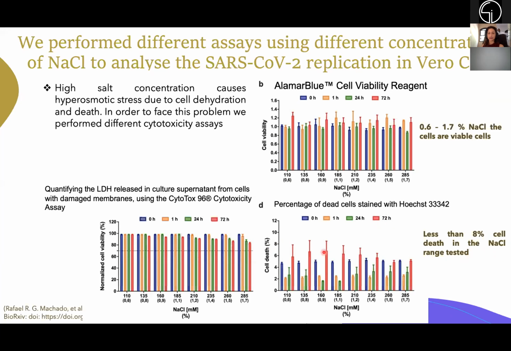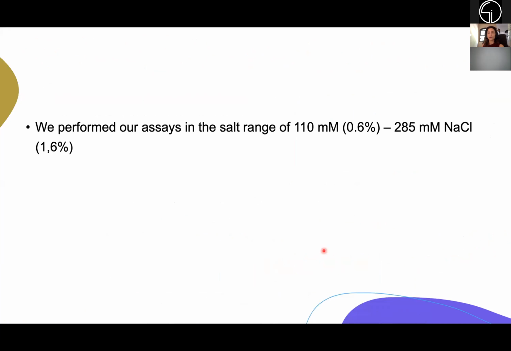In this case, after 72 hours, we detected less than 8% of cell death. So this range is safe to perform our assays. We performed our assays in the salt range above 110 millimolar, which is the medium culture in which we grow Vero cells.